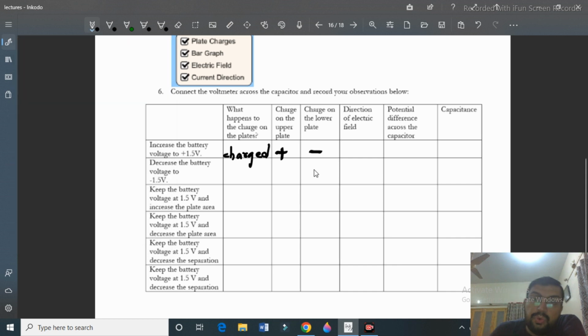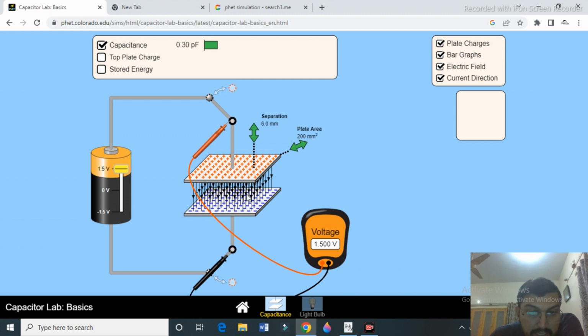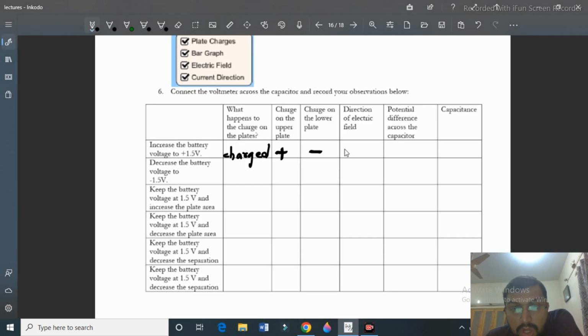Now what do I have to do? The direction of the electric field. In this simulation, you are seeing, by the black arrows, that the electric field always goes from the positively charged plate to the negatively charged plate. So I can write it here: from positive to negative. That is a very important observation that will match lesson objective number 1.